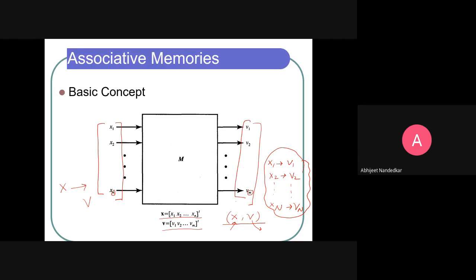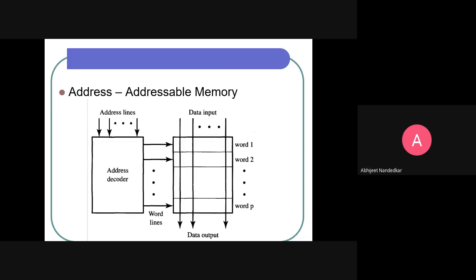This is not the same as the memory of a microprocessor. What you do in a microprocessor is supply some address, then there is an address decoder which decodes what you want to read or store, and where you want to store.